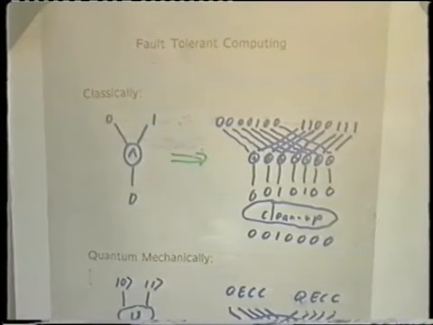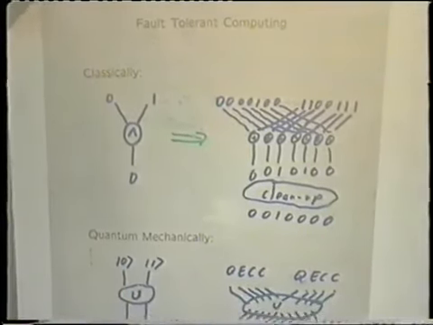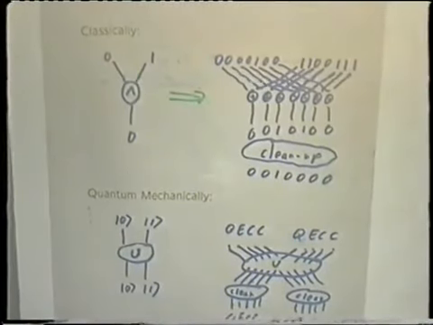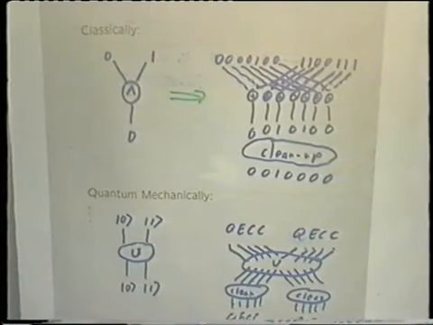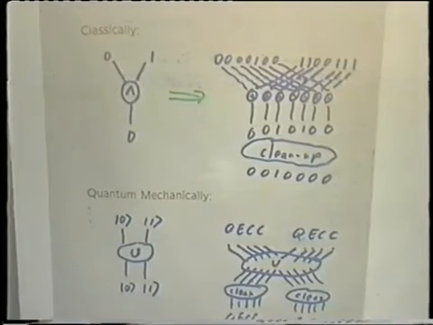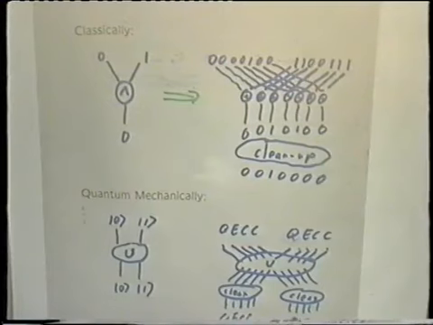Do many ANDs, and then you'll have some errors you've introduced and some errors that crept through from the beginning. Then you do a cleanup step where you compare these bits against each other, and you get a state that's good enough that you can stick it in your next gate.